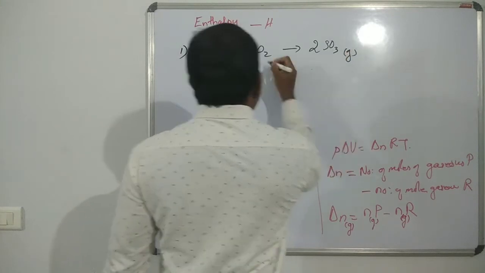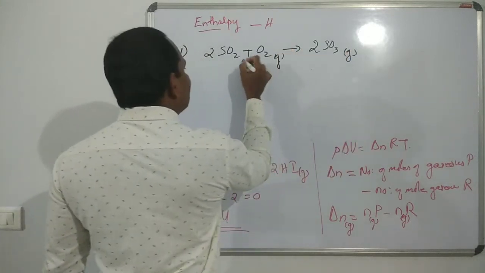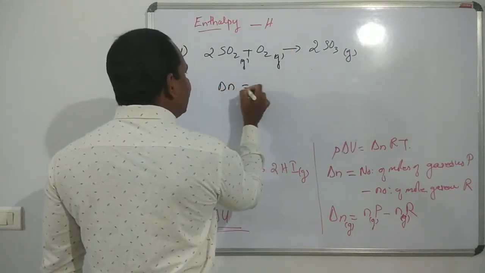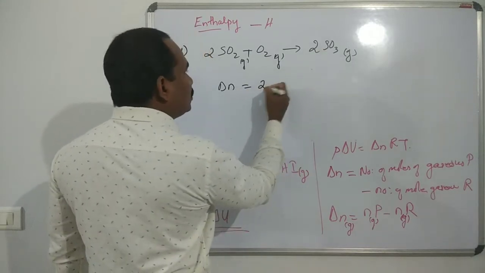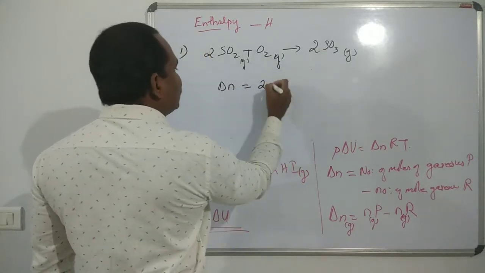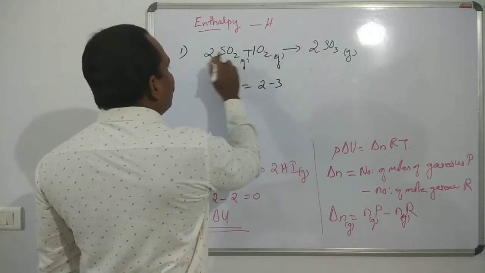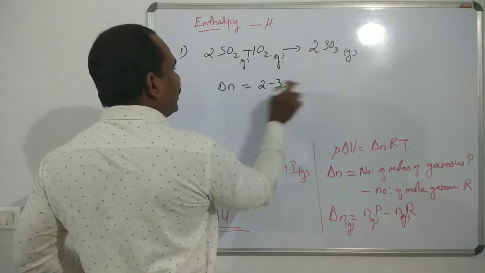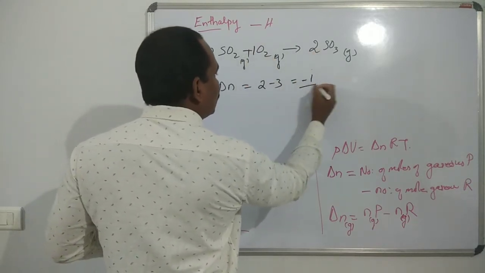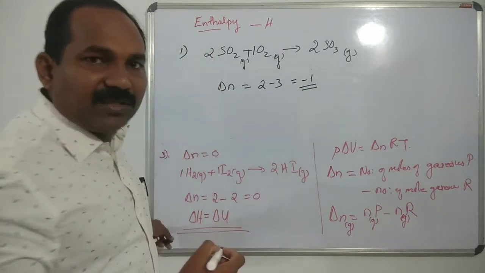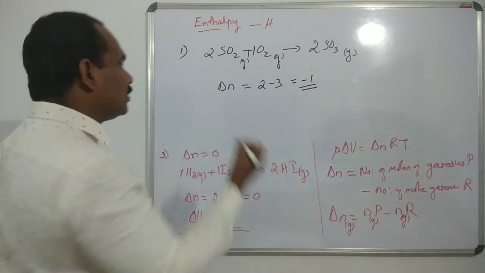All are in the gaseous state. Delta n is equal to 2 minus 3, that is, 2 plus 1 is 3. So 2 minus 3 is minus 1. Here, the change in the number of moles is negative 1.